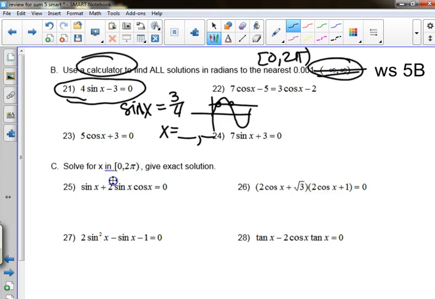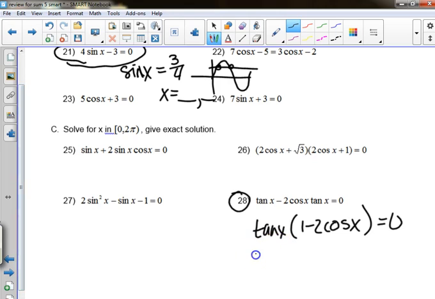All right, down here, what are we doing on these kind? For example, 28, we'd be doing what? Take out a tangent. 1 minus 2 cosine of x equals 0. So we'd have where the tangent is 0, or the cosine is, if we subtracted the 1 divided by -2, we'd have a positive 1/2.